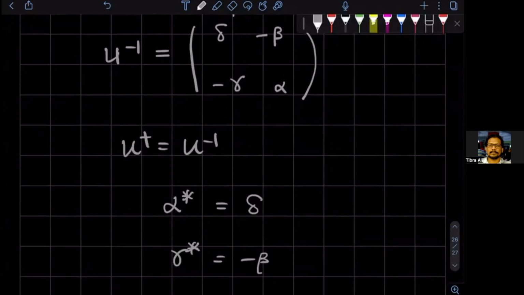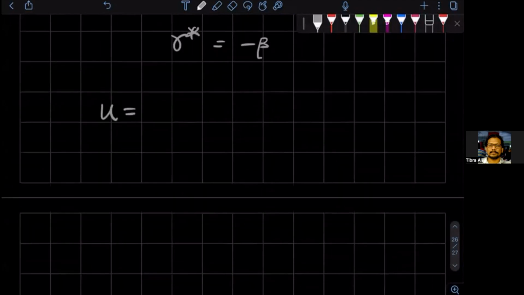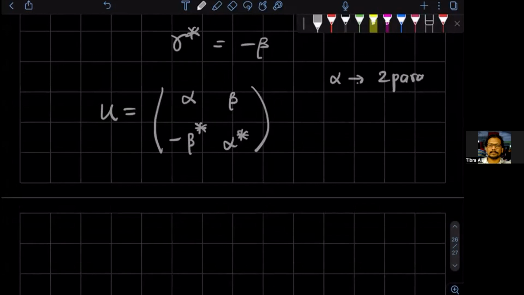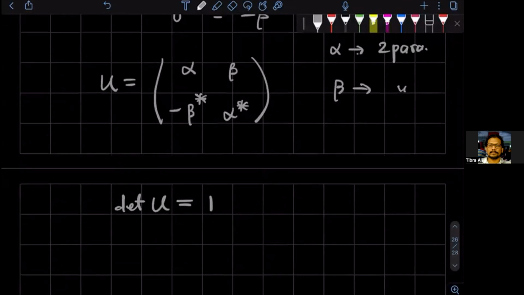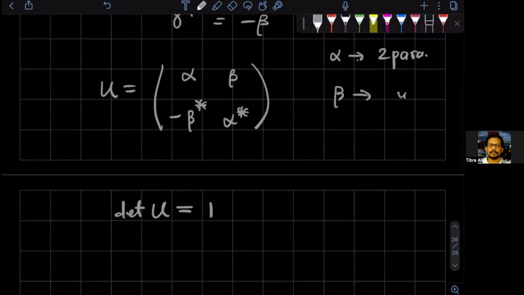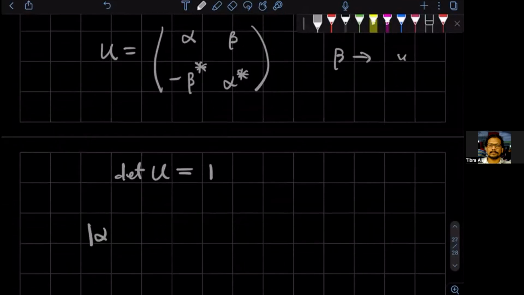So if I use these conditions in U, then U becomes alpha, beta, minus beta star, alpha star. Here alpha is 2 parameters and beta is 2 parameters, right? Now if I say determinant of U equals 1, then it's a real condition, and it becomes mod alpha squared plus mod beta squared equals 1.